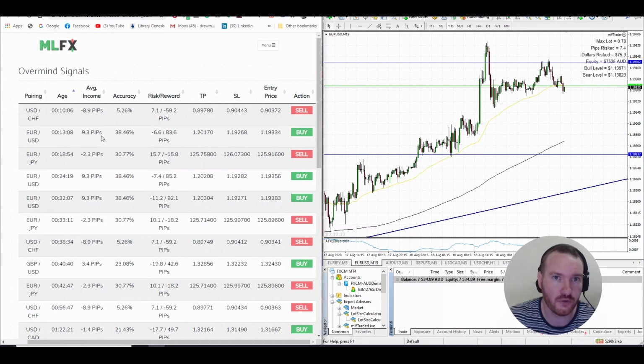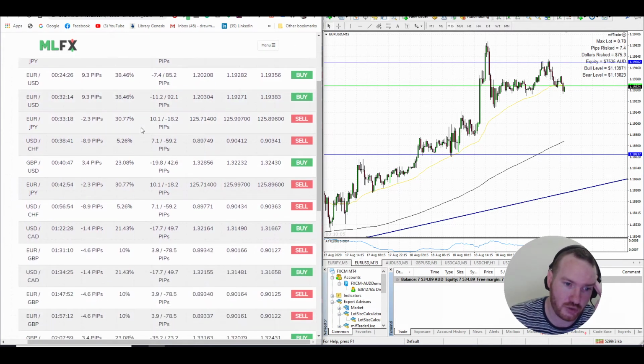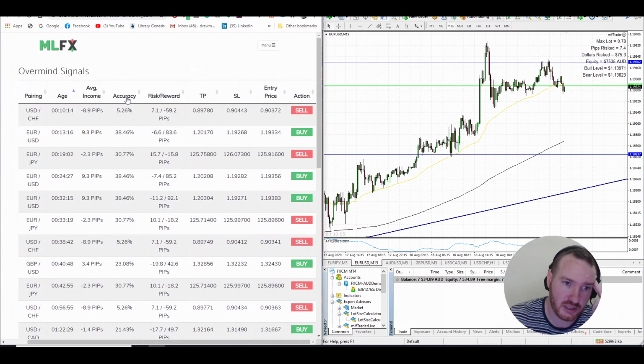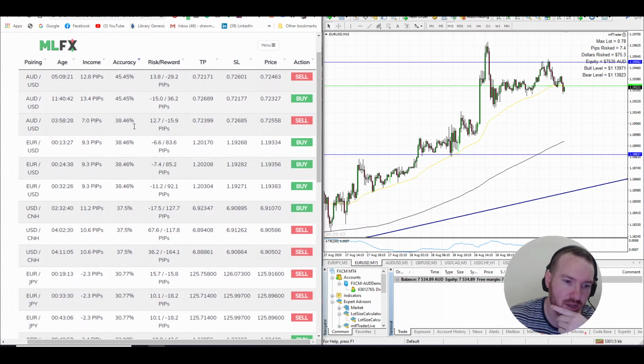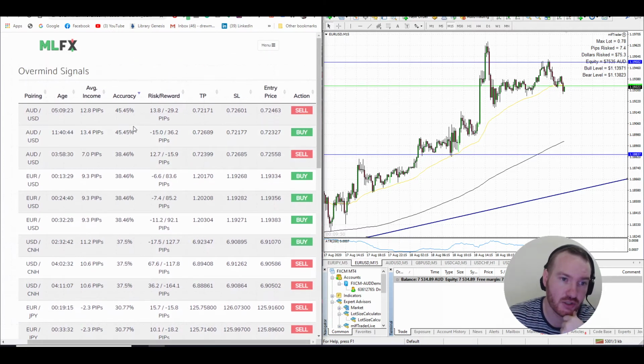How many winners versus losers does it have as a percentage? And in general, most of the accuracies are actually not that high, right? They're pretty average. I think the highest I've ever seen so far has been about 65% accuracy.